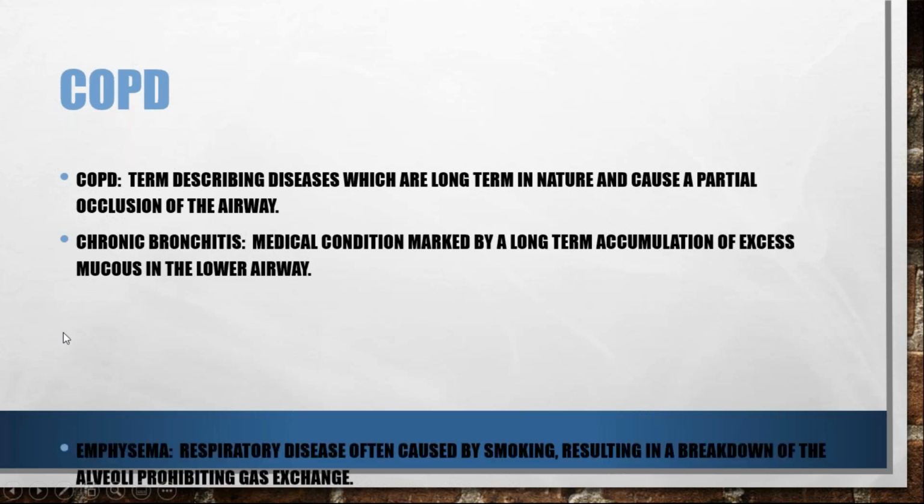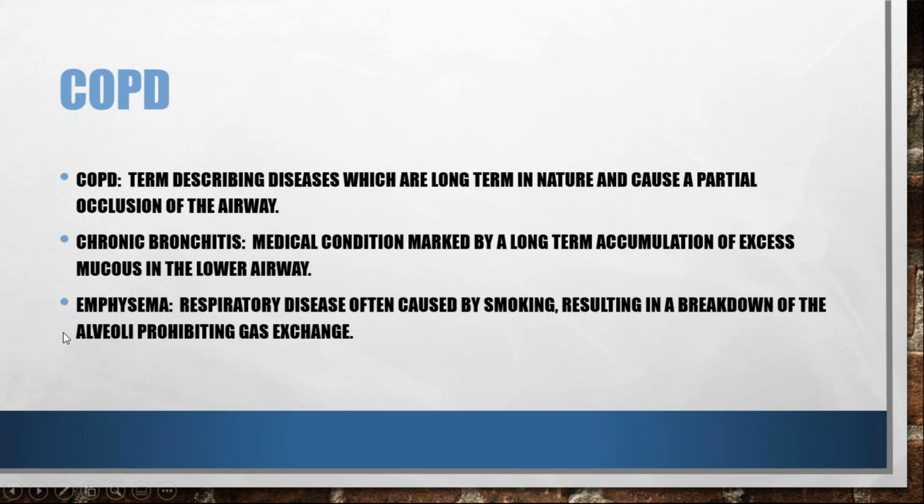Now, the second type of COPD is going to be classified as emphysema. Now, this is a breakdown of the alveoli, which prohibits gas exchange. So imagine our alveoli basically is a nice formed balloon surface. And so with that nice surface and that nice shape, it allows that oxygen to come into that alveoli, create that gas exchange.